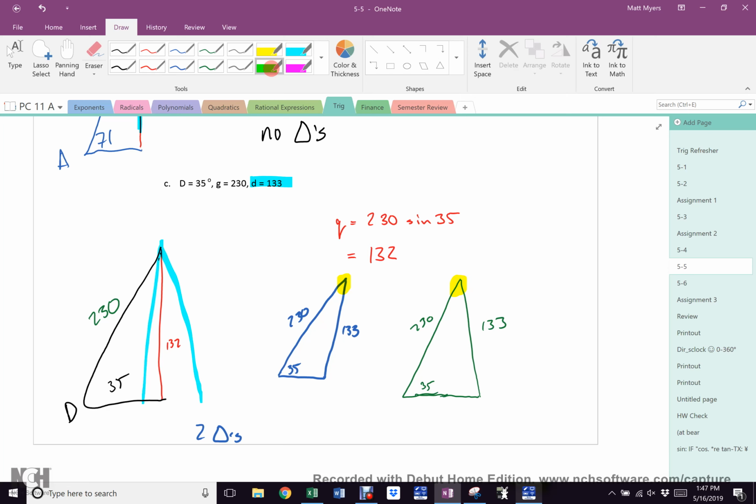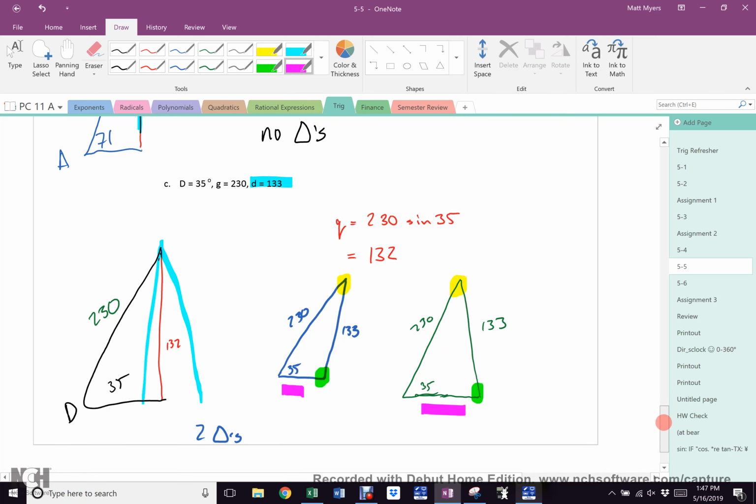Well, you guys can see what's the same. What's the only stuff that's not highlighted? What else is going to be different? The third angle. And what else? The bottom side. Everybody cool?